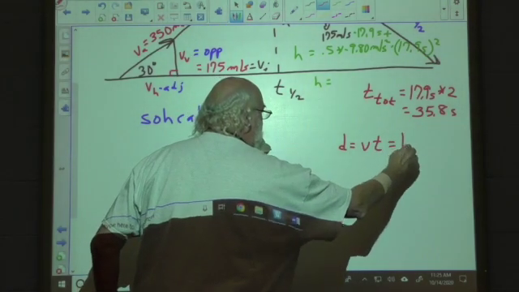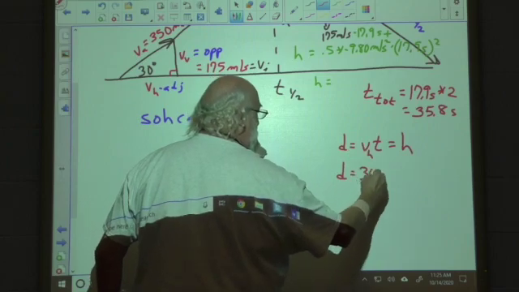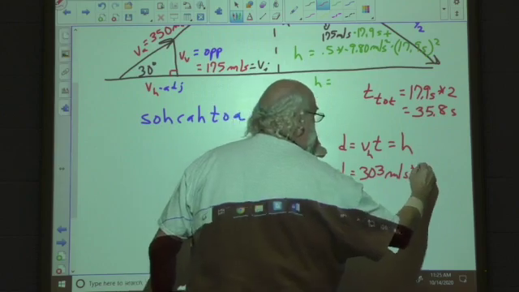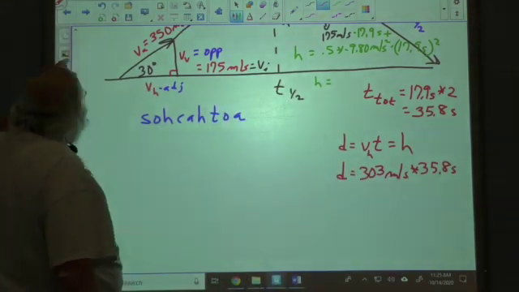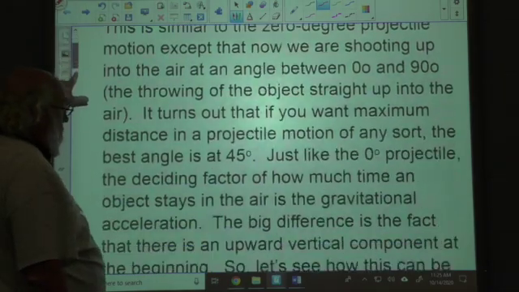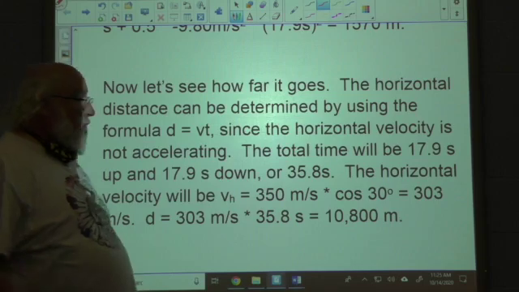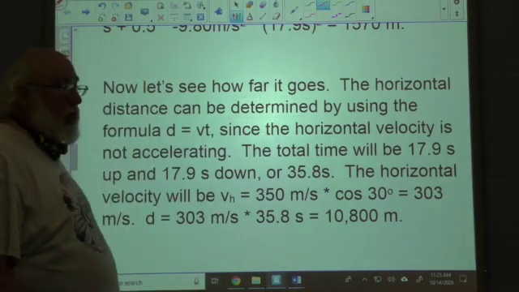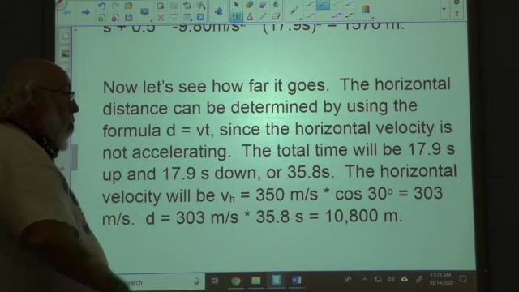D equals the horizontal velocity, which is 303 meters per second, times 35.8 seconds. And the answer for that will be 10,800 meters. So it's going to go just short of 11 kilometers, which is in the neighborhood of 7 miles. Go war weapons.